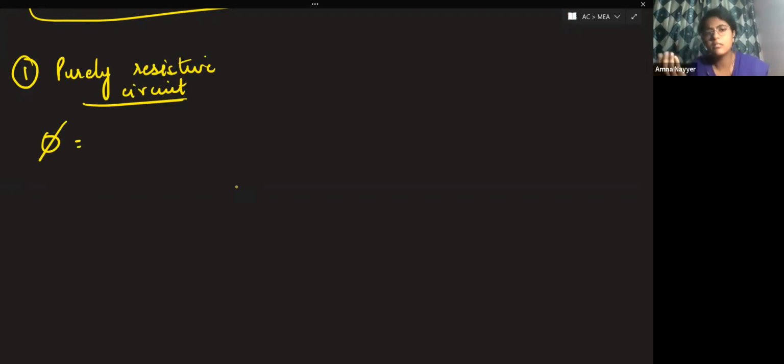Your phi becomes 0 degrees because both are in the same phase. I and V are in the same phase, parallel to each other, in the same direction. So the phase angle will be 0.